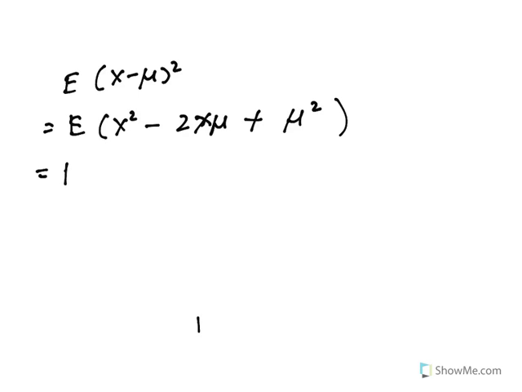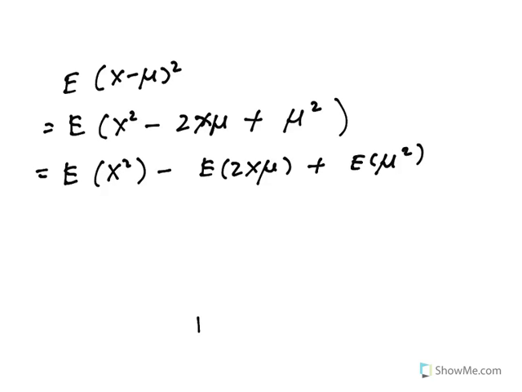By our definition of expectation, this is E of X square minus E of 2X mu plus E of mu square. This is the expectation of X square minus 2 mu E of X, because 2 mu is just a number.